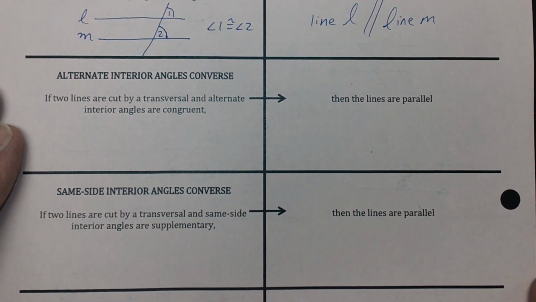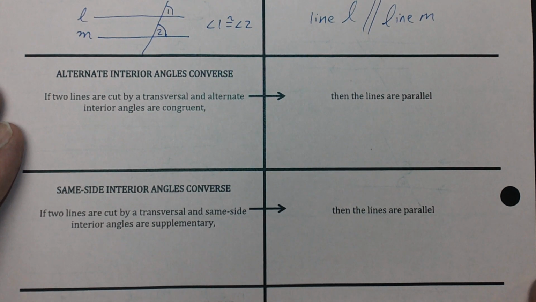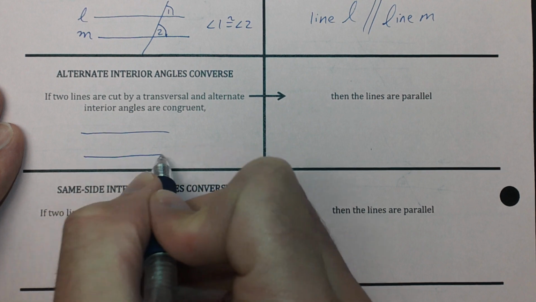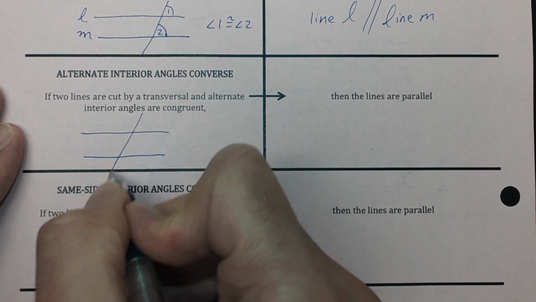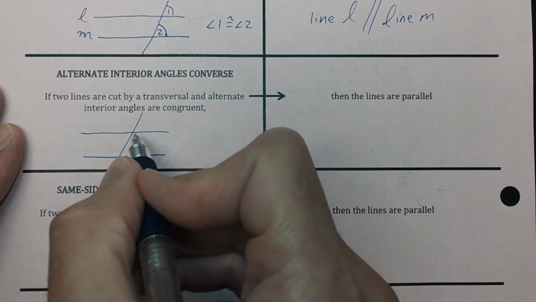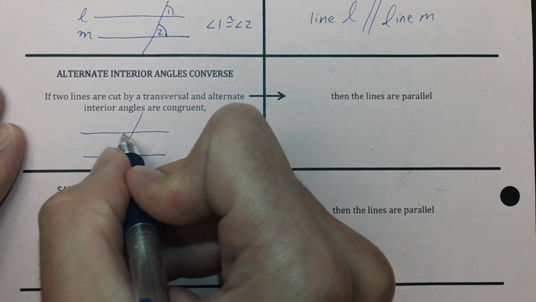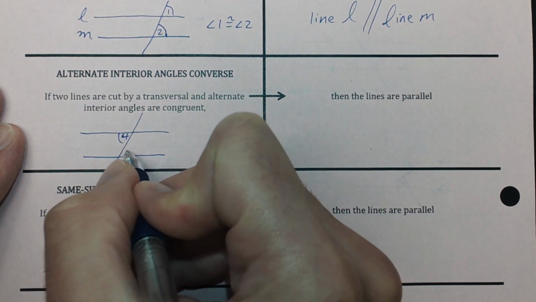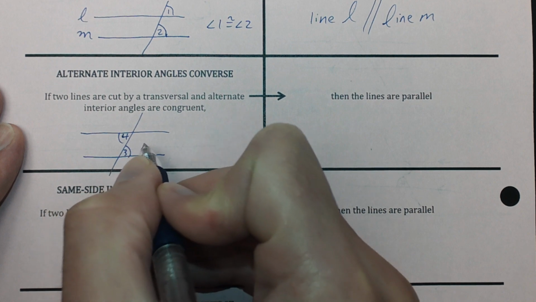Alternate interior angles converse says something similar. If 2 lines are cut by a transversal, but this time you have alternate interior angles being congruent, so let's say angle 4 and angle 3.